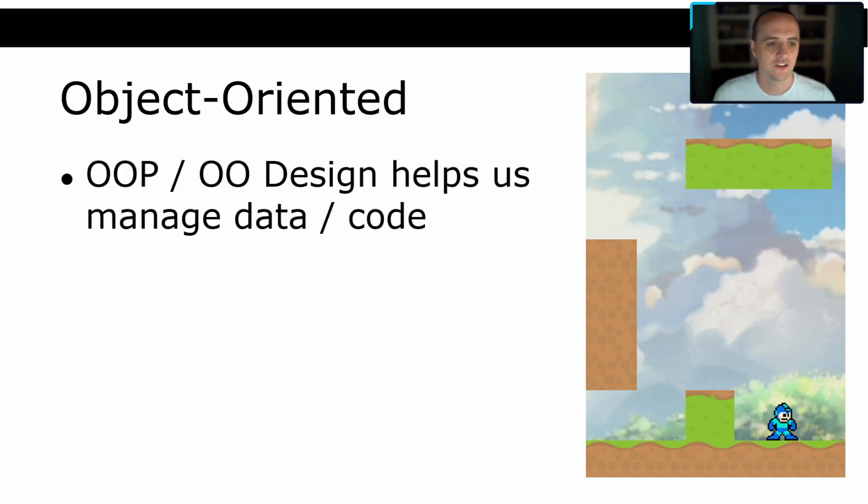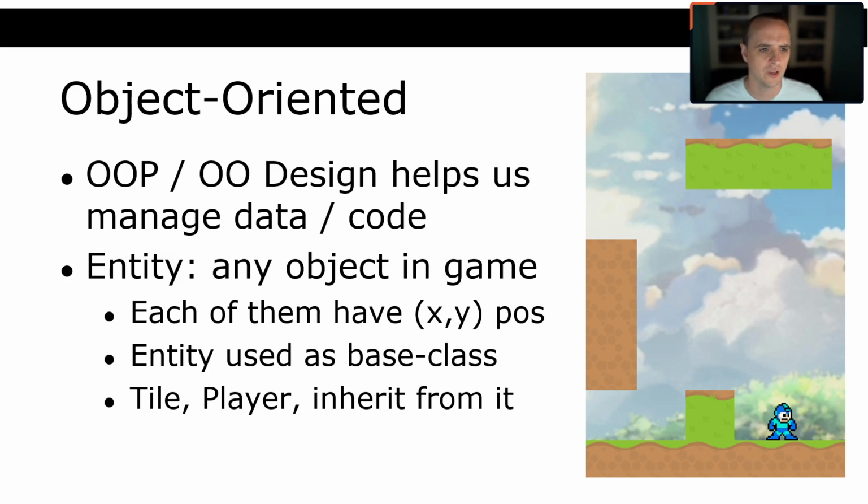So at its root, object-oriented programming and the theory behind object-oriented design are designed to help us manage data and manage code. So in OOP, an entity would be any object in the game.